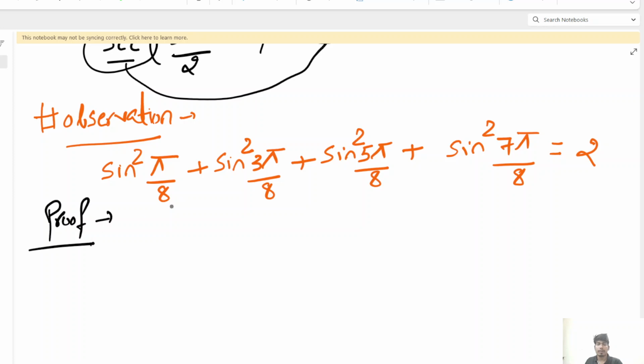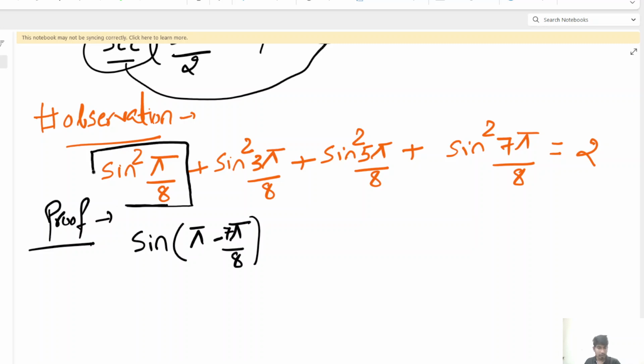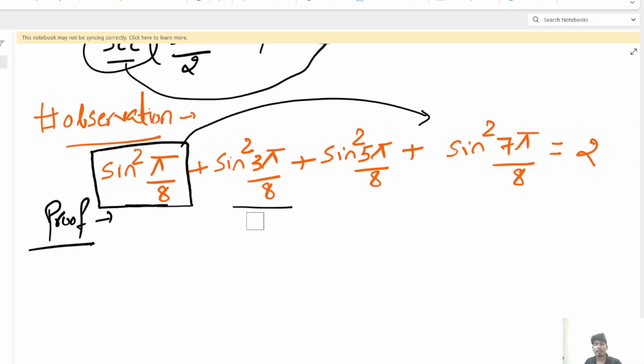Here is sine square pi by 8, and we know sine of pi minus pi by 8, that is 7 pi by 8, remains the same. Also, by changing to the cos function, there is no need to prove this separately. Here we use sine square theta plus cos square theta is 1.